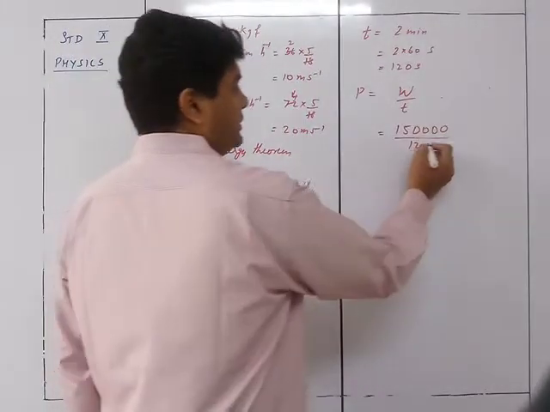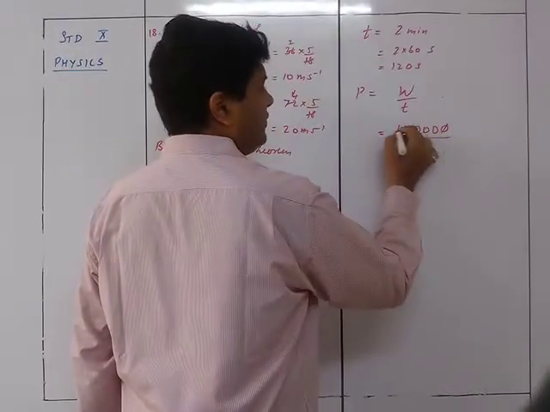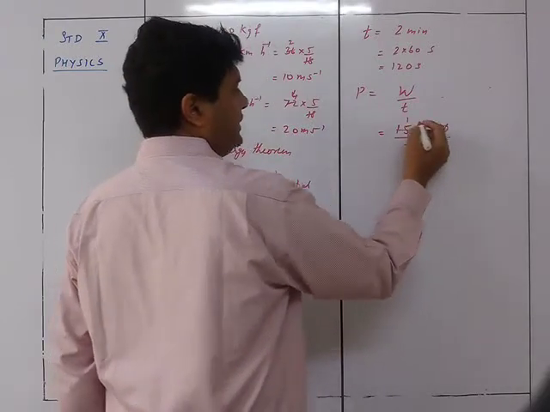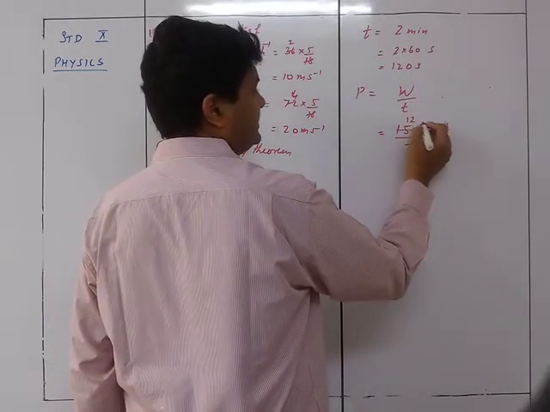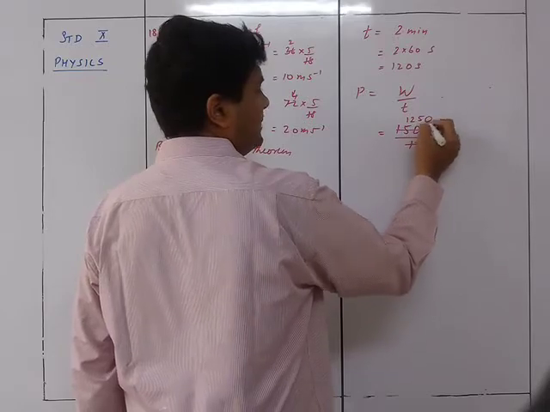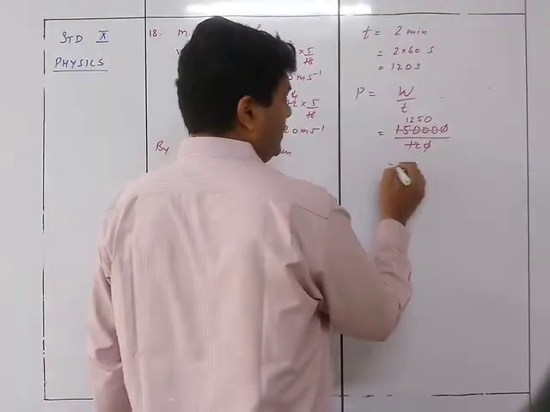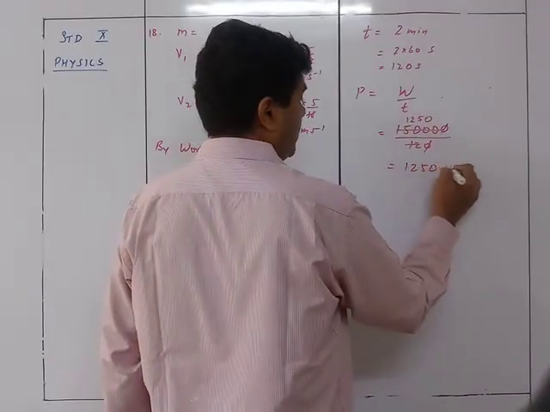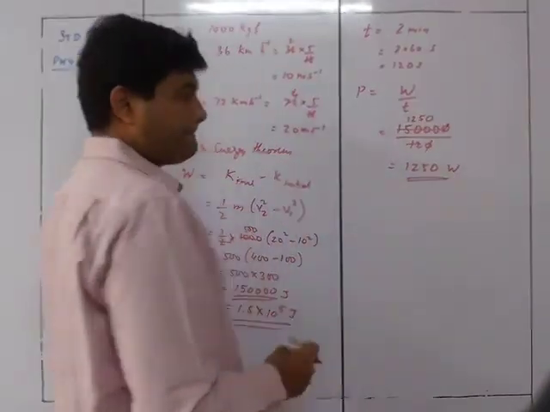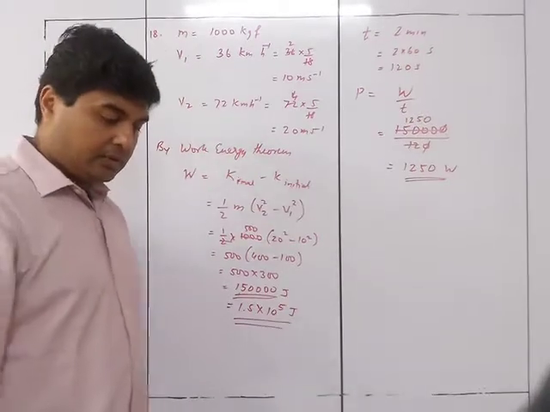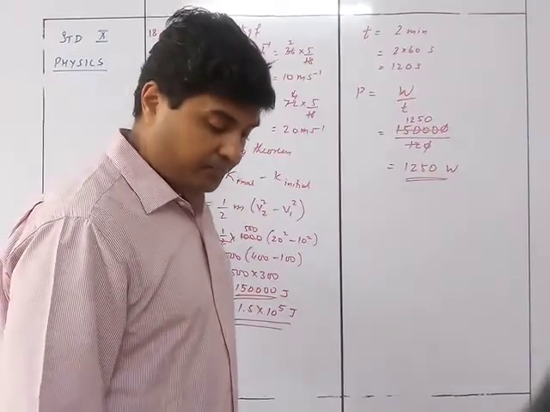Okay. 0 0 cancels, 12 1s are 12, 30 will be 2s are 24, 60 will be 5 and then one more 0. So that gives me 1250 watt. Okay, that was sum number 18.